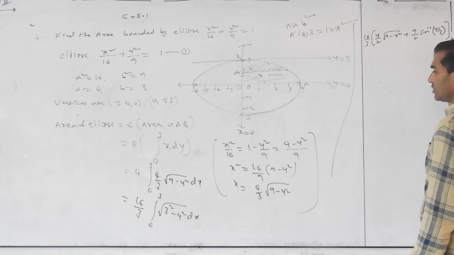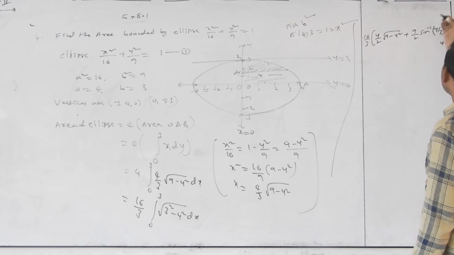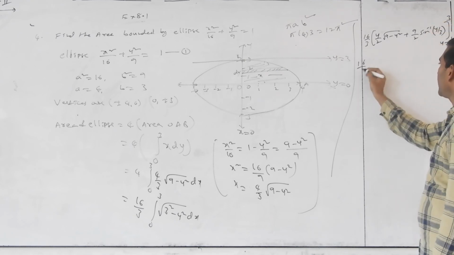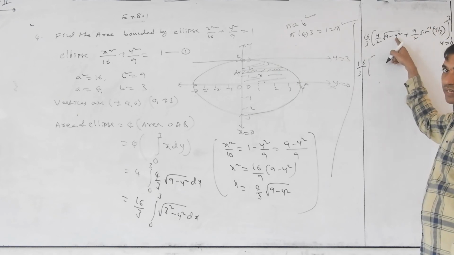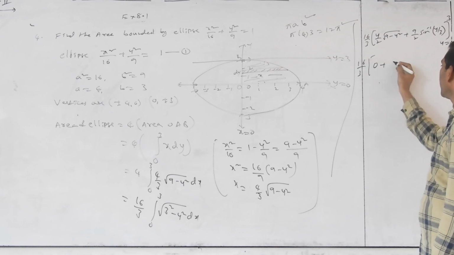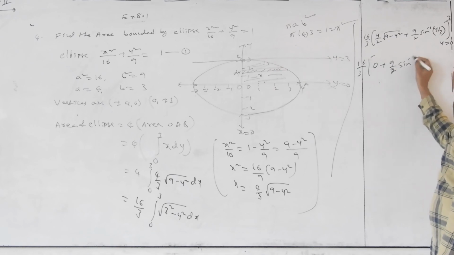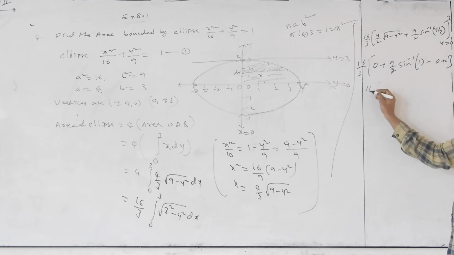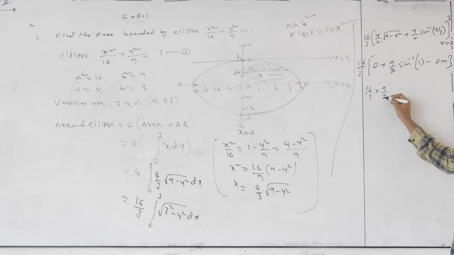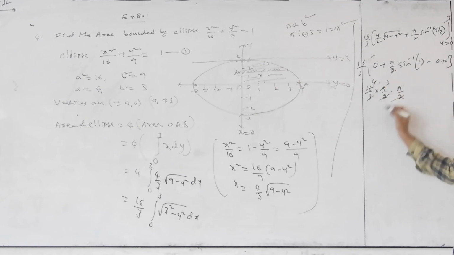Limits, y from 0 to 3. 16 by 3, upper limit y is 3, 3 square is 9, 9 minus 9 is 0. 9 by 2, sine inverse of 3 by 3 is sine inverse of 1. Lower limit is 0 and 0. So 16 by 3, 9 by 2, sine inverse of 1 is pi by 2. Cancel, 4 into 3, 12 pi. This is the answer.